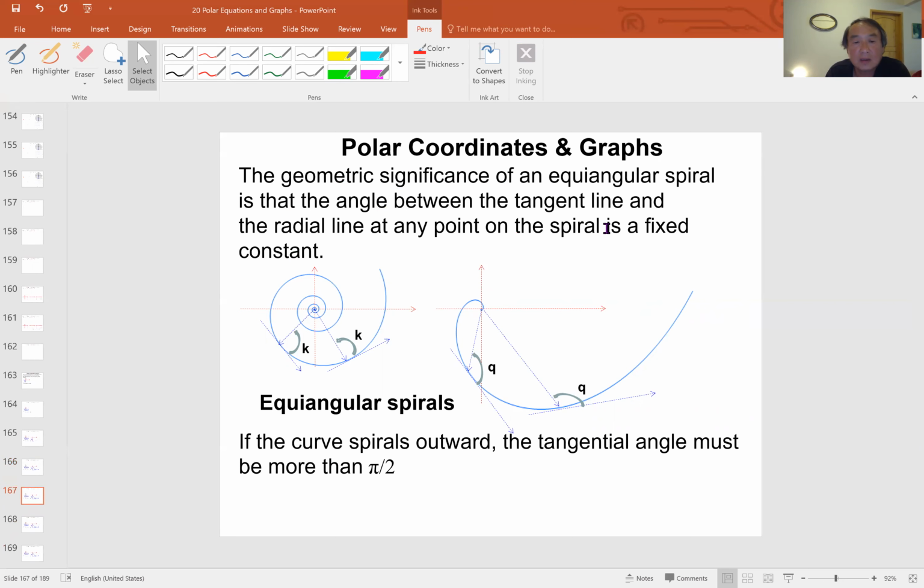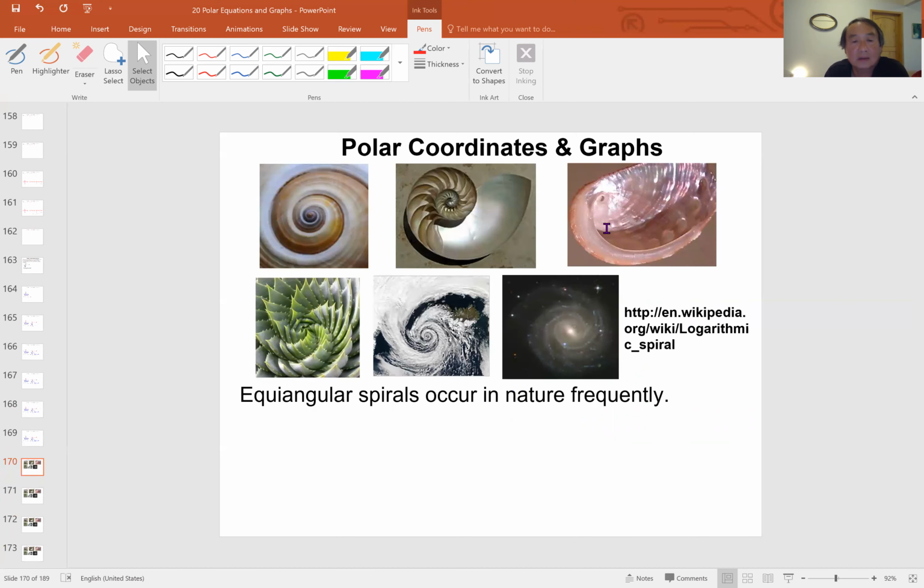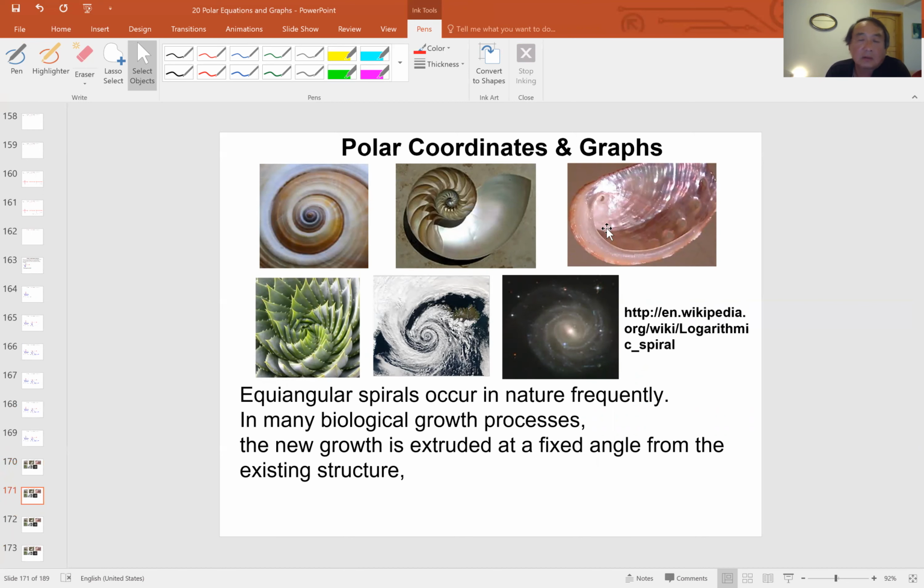And this is the reason why we see these things in nature. Usually in biology, when you grow, you have the shell that's already grown up to this point, and then the cells line up at a fixed angle. You protrude out at the same angle every time. Hence, you get this spiral.